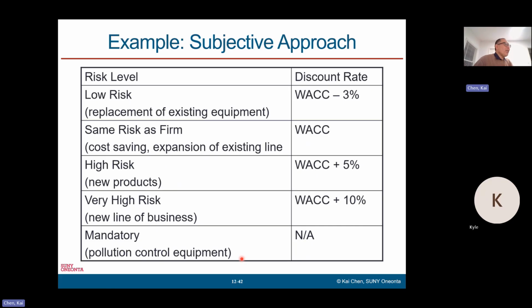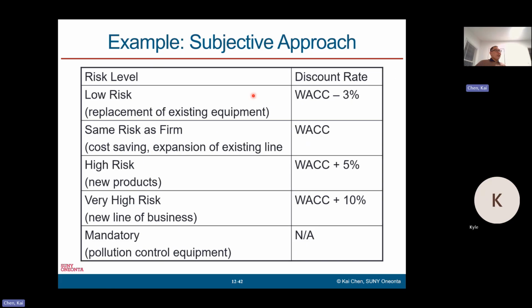Now let's look at an example if we use a subjective approach. This column shows the risk level of the project. If a project has a lower risk, for example, the replacement of existing equipment, then the risk is pretty low.